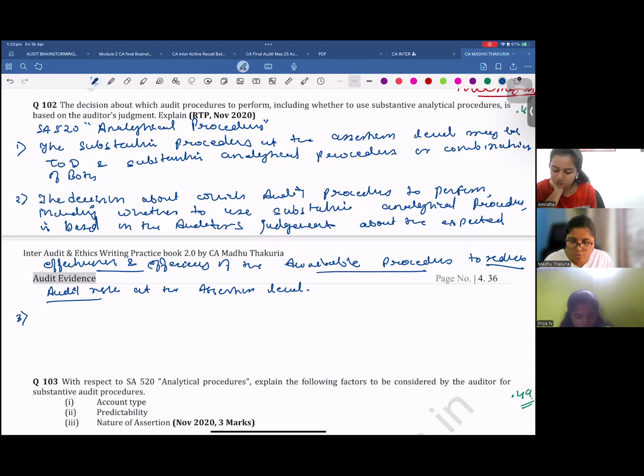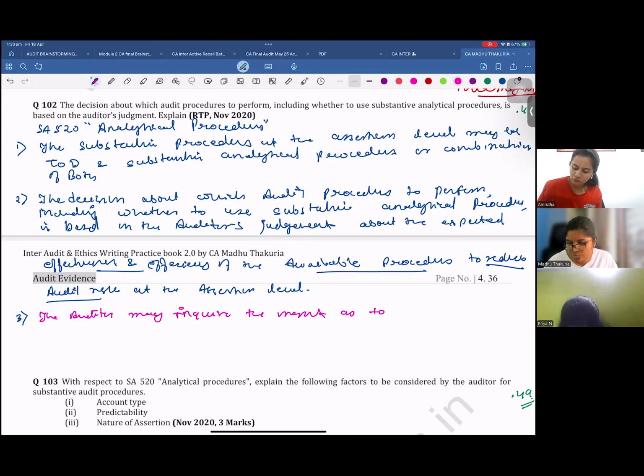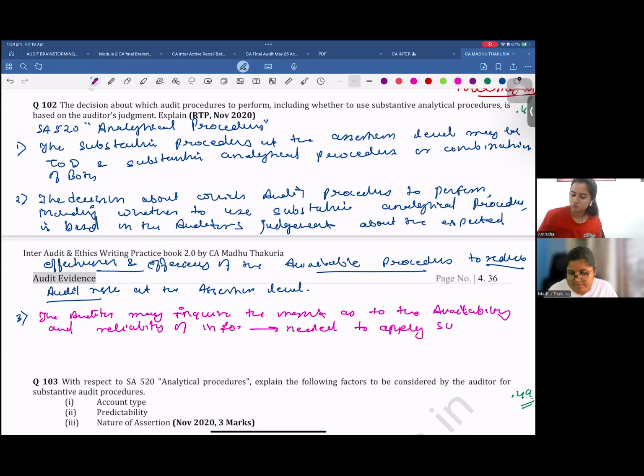The third point and the conclusive point will be over here, that the auditor may inquire of the management as to the availability and reliability of information needed to apply substantive analytical procedure.